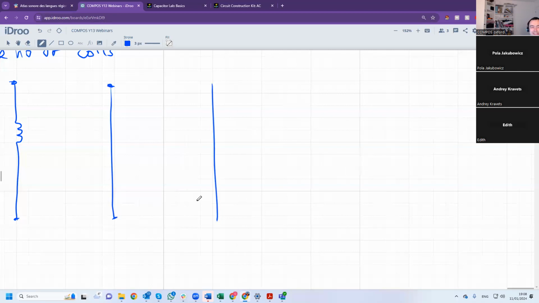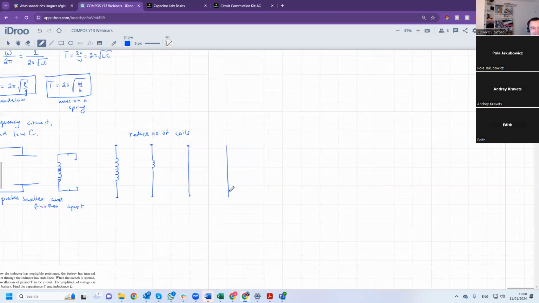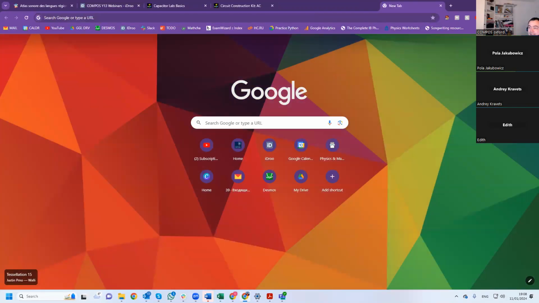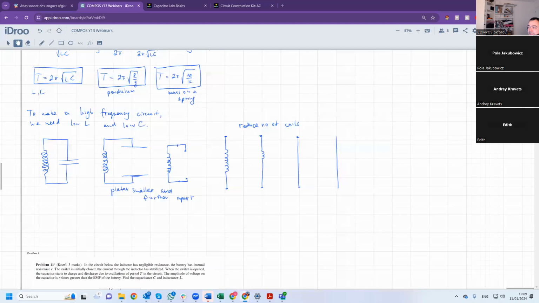What does it remind you of? What object does it look like? No, it's not no L and no C. Well, not just a wire. What does it look like?